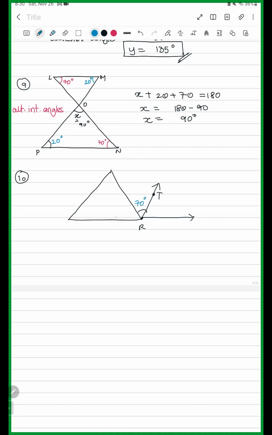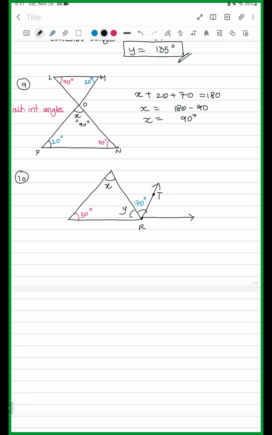This is 70. This is 30. This is X. And this is Y. Now, you have to find the values of X and Y. How can you do this?